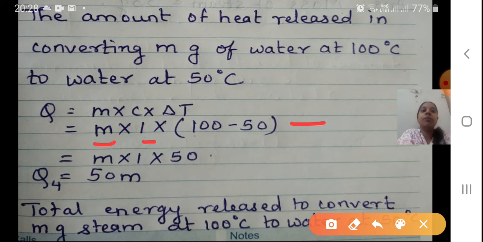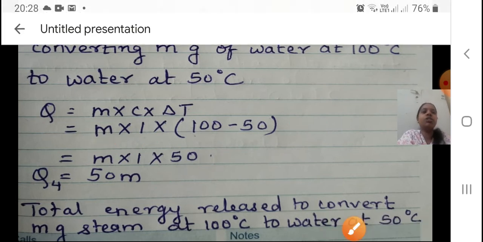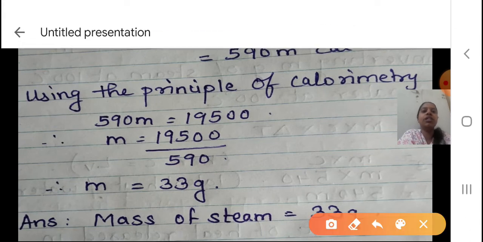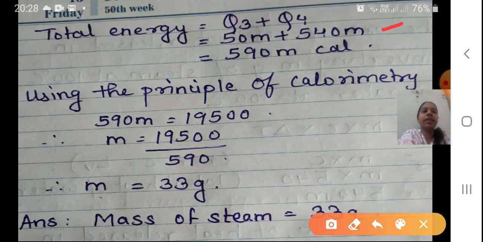So it will become 50 m, which is our Q4. Total will be Q3 plus Q4. So how much will it become? Total energy released, 50 m plus 540 m, Q3 plus Q4, is 590 m. M means the mass of this steam, which we don't know.